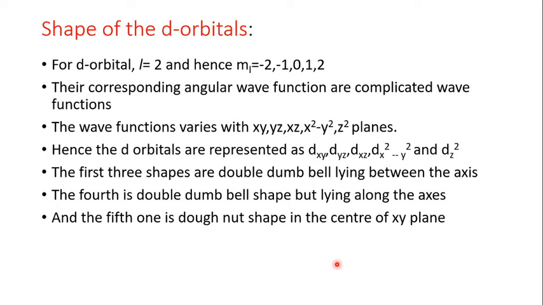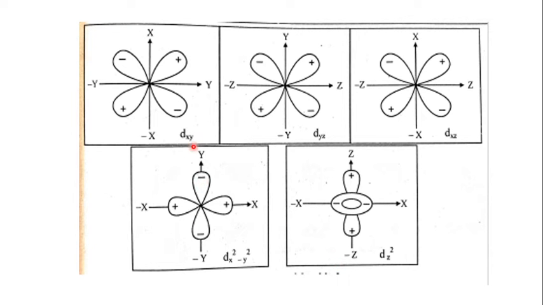The first three shapes are double dumbbell shapes lying between the axes, whereas the fourth is a double dumbbell shape but lying along the axis, and the fifth one is the donut shape in the center of the xy plane. So you can see this. For dxy, dyz and dxz, it lies in between the planes and has the double dumbbell shape.